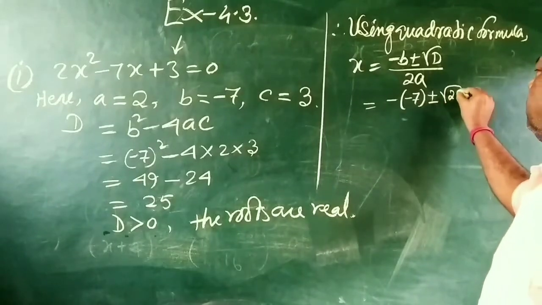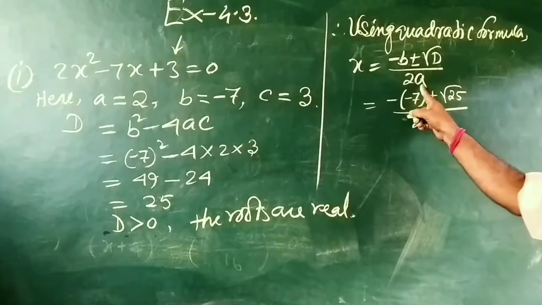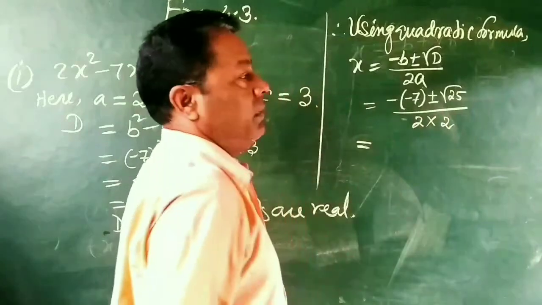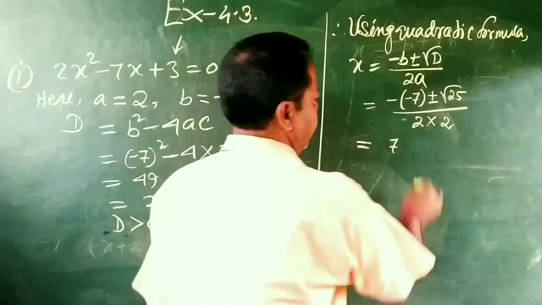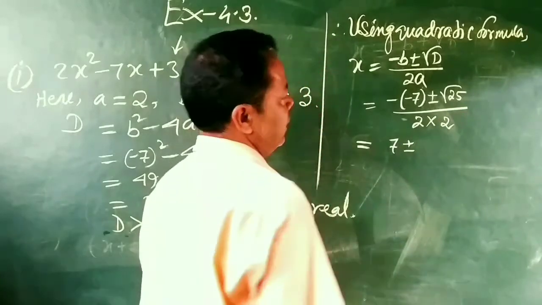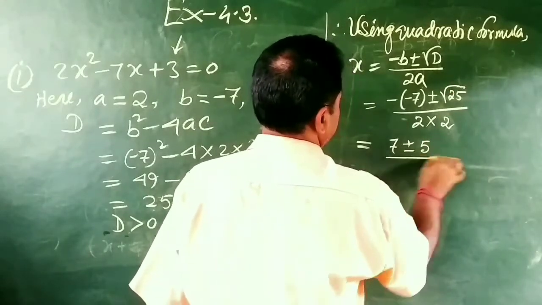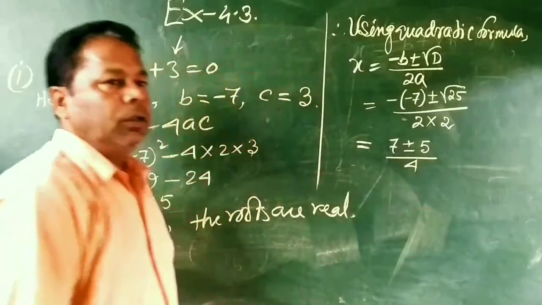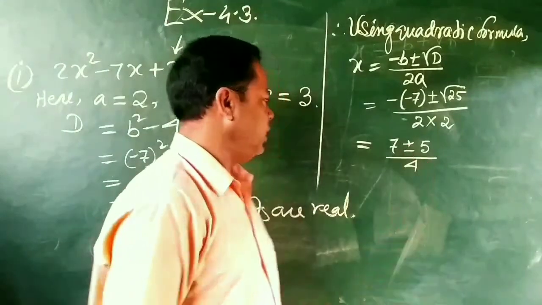Then square root of 25 divided by 2 into a, the value for a is 2. Then removing the bracket, minus into minus is plus, plus or minus root 25. 25 is a perfect square number, 5 will come out, 5 fives are 25. Then 2 twos are 4. So here we find two signs, positive and negative both, so we need to separate them.